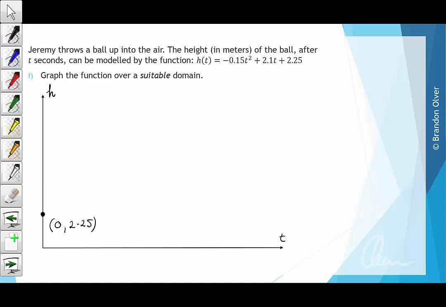We next knew that the ball came up and reached a maximum height after 7 seconds, and that was a height of 9.6 meters. Lastly, we know that the ball comes down and touches the ground after 15 seconds, which is a height of 0. So if we put a parabola shape through these, that is our function graphed over a suitable domain.